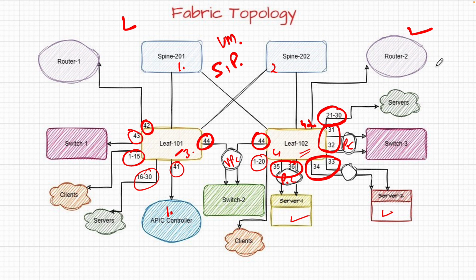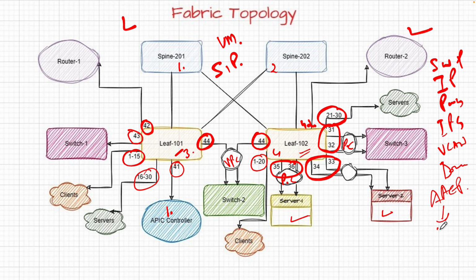Fabric discovery, it is already done. We'll create switch profiles and interface profiles, policies, interface policy groups, then VLAN pools, domains like physical domain, VMM domain, L2 external domain, and AEP, attachable access entity profile, and then we'll have the app profile, then we'll have EPGs, okay, and between the EPGs we'll use contracts.